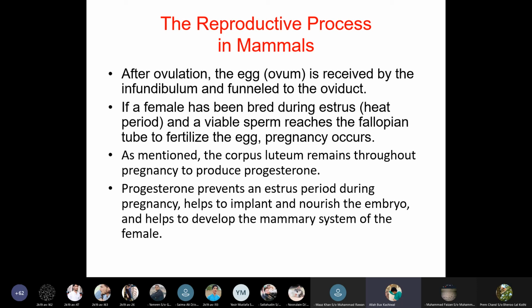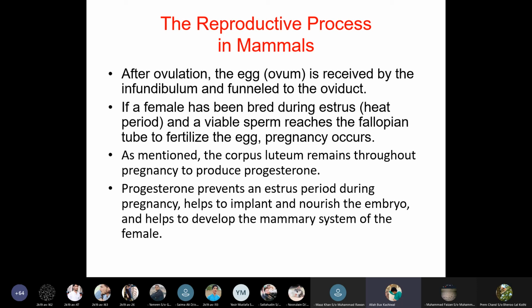That is performed initially by the corpus luteum, and later the uterus and the embryo accompany the corpus luteum to develop the progesterone level and maintain it up to parturition. Whenever the gestation period completes, the progesterone level decreases and the estrogen level increases, and then parturition is initiated.